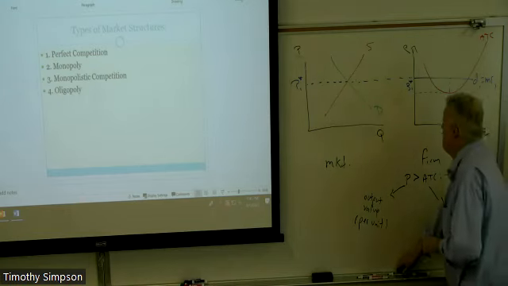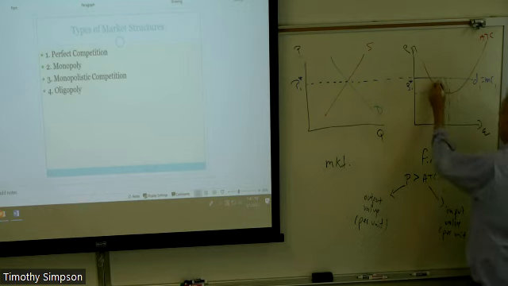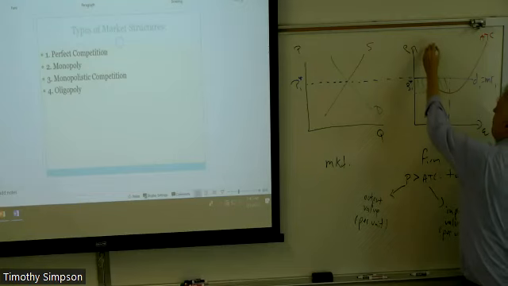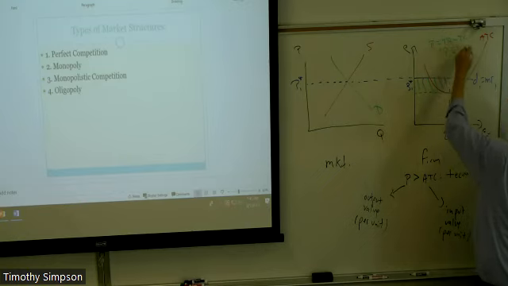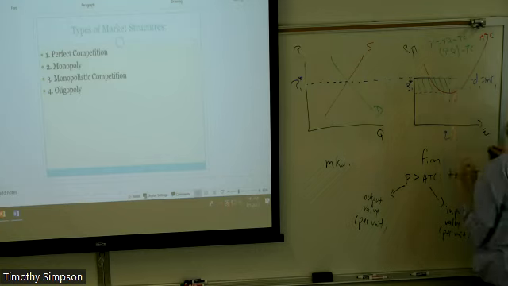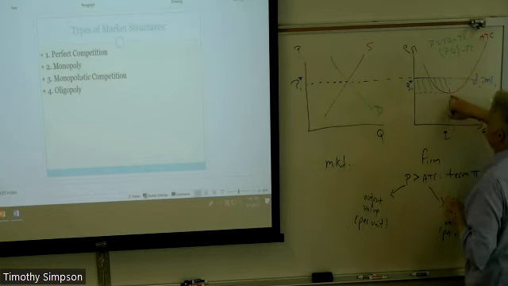And the amount of profit is essentially this region here. This is all profit, because it's the difference. Remember, profit is total revenue minus total cost, and total revenue is price times quantity. So this is simply on a per unit basis.